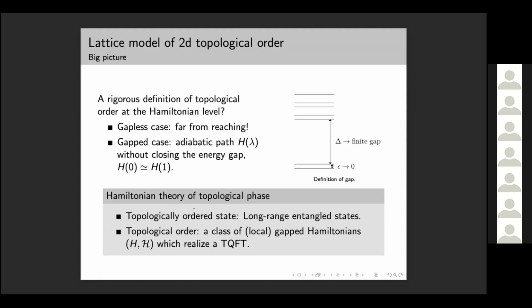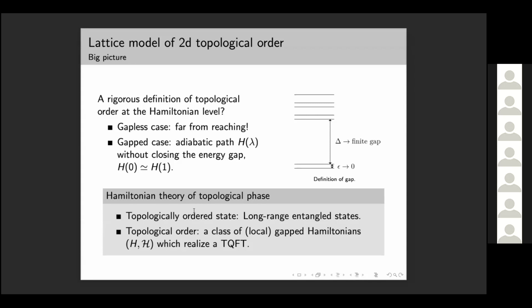Two Hamiltonians, H0 and H1, are called equivalent if we can find a continuous path H lambda connecting H0 and H1 without closing the energy gap, which means that from lambda equals 0 to 1, H lambda always has a gap. The gap is not closed along this path. This is an adiabatic path, and if two Hamiltonians are connected by an adiabatic path, we say that they are equivalent to each other.